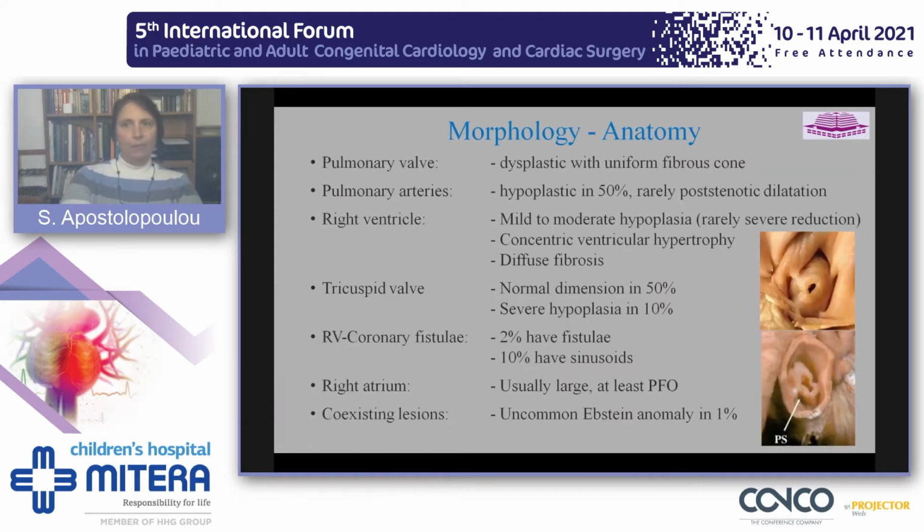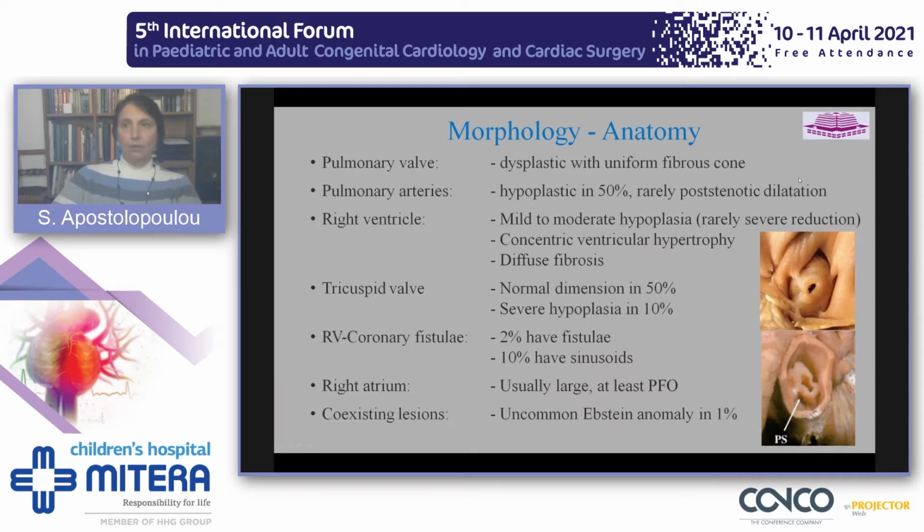Now, if we say a few things about morphology, the pulmonary valve is usually dysplastic with uniform fibrous cone. Sometimes in 50% there are hypoplastic pulmonary arteries, and rarely there's post-stenotic dilatation, especially in dysplastic valves.